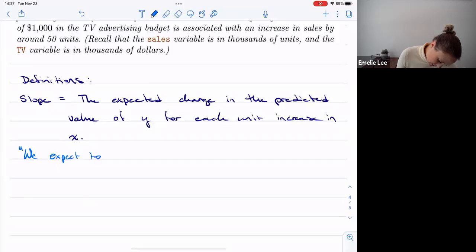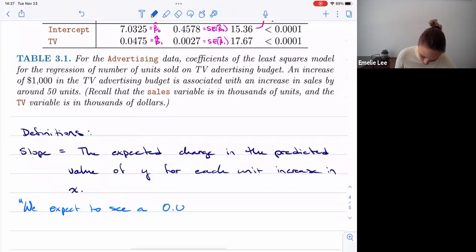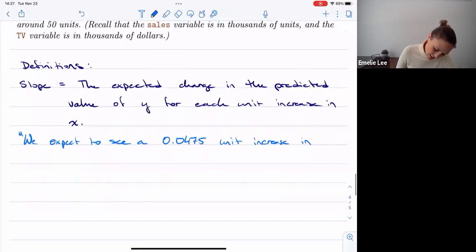We expect to see a 0.0475 unit increase in the sales.